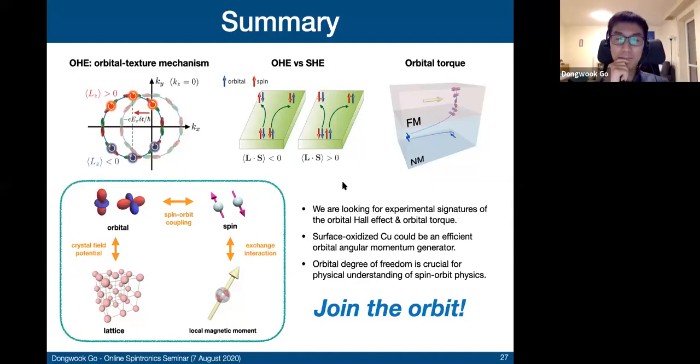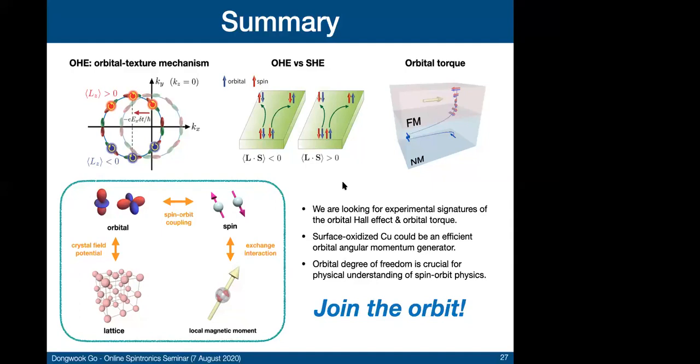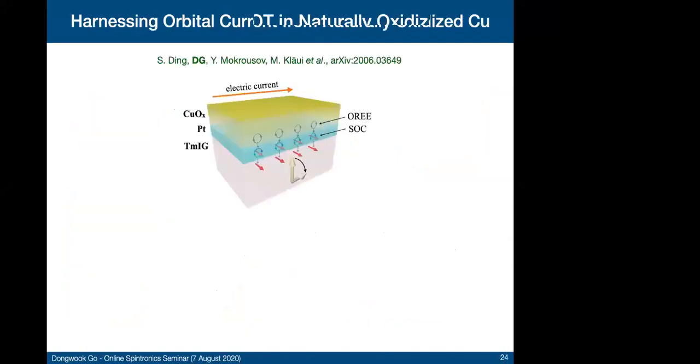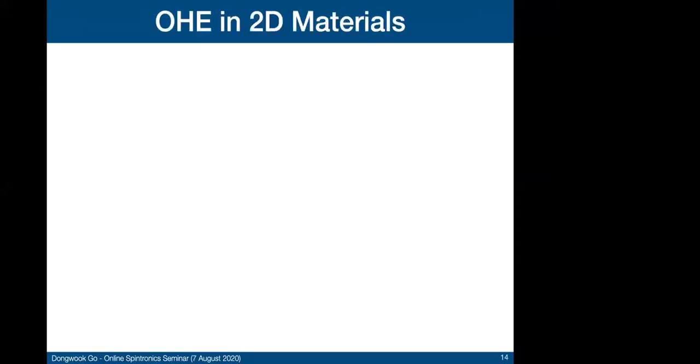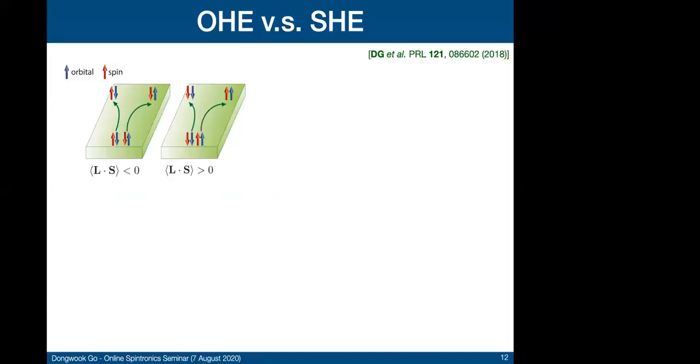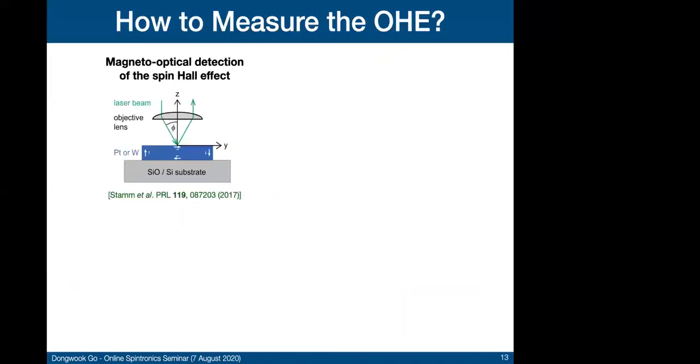The question is, if we do XMCD imaging to get the orbital current, we cannot image a current, we can image an accumulation. Yes, accumulation. So what would be a good geometry to get an orbital current or orbital accumulation, whatever you call it, angular momentum accumulation?